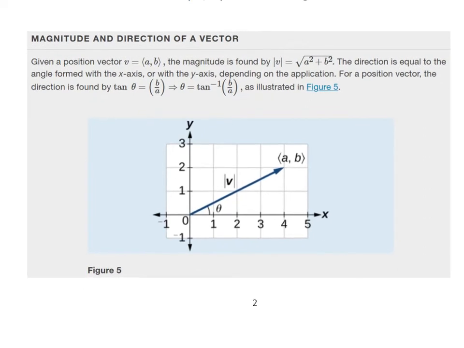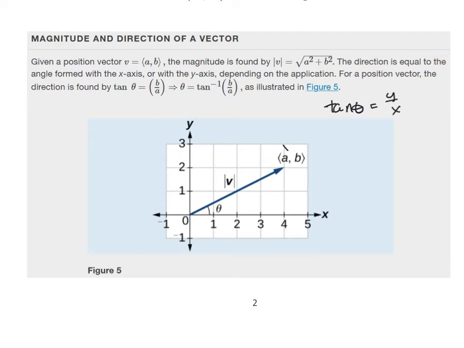We talked about the magnitude and the direction. Now, if we think about the fact that my direction is the angle off of the x-axis, this is not going to be anything surprising than what we haven't already done. The tangent of theta is my b value over my a value. We're familiar with writing this as the tangent of theta is equal to my y value over my x value.